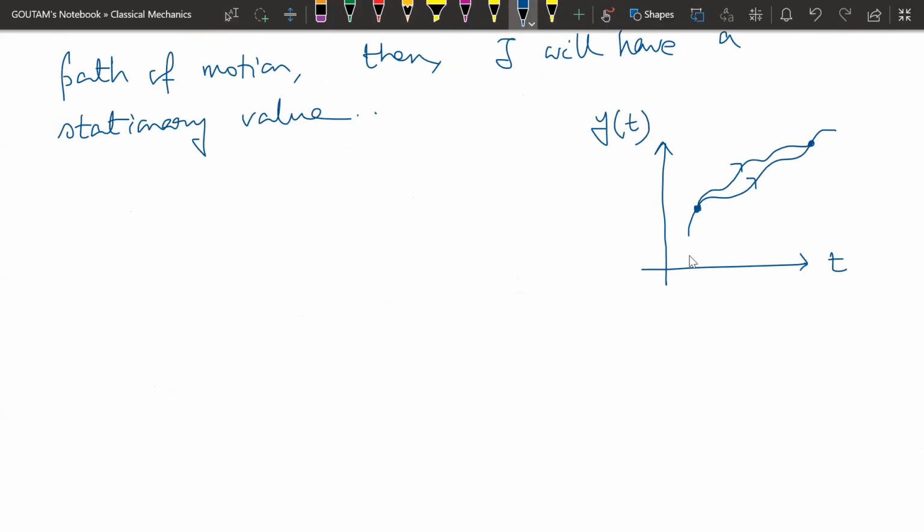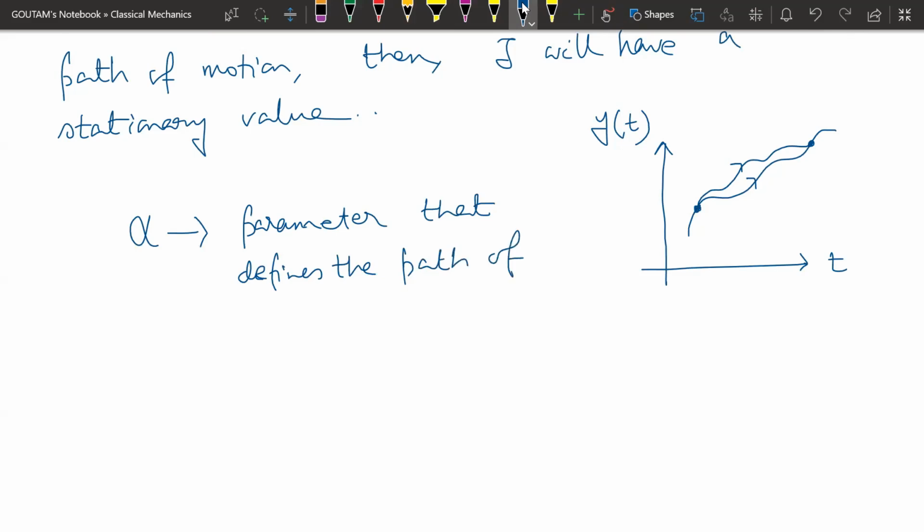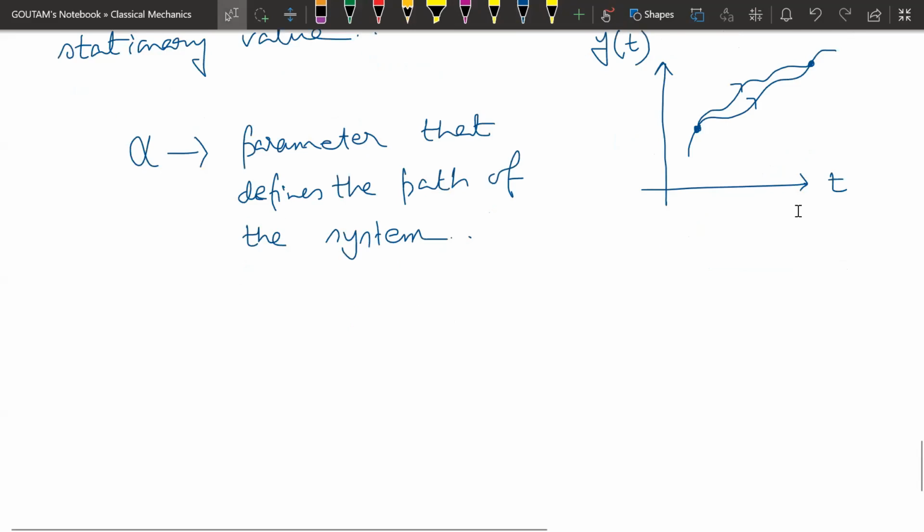So let's define a parameter alpha, a parameter that defines the path of the system. If we choose a different path, then alpha will change. That's how alpha defines a new path.